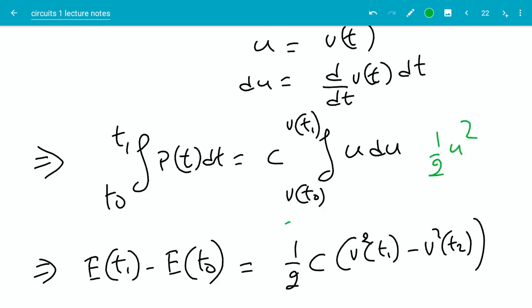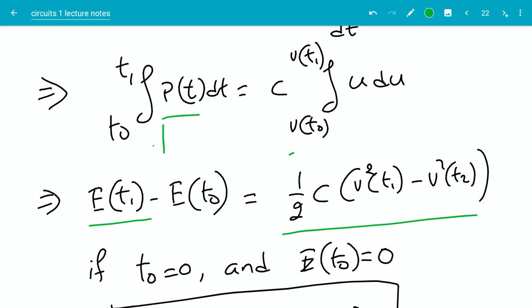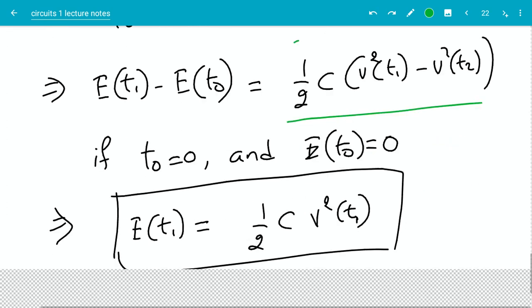I substitute the limits and I get this right hand side. On the left hand side, note that power is the derivative of energy with respect to time. Using the fundamental theorem of calculus, that definite integral equals this. Now I know how to calculate energy too.